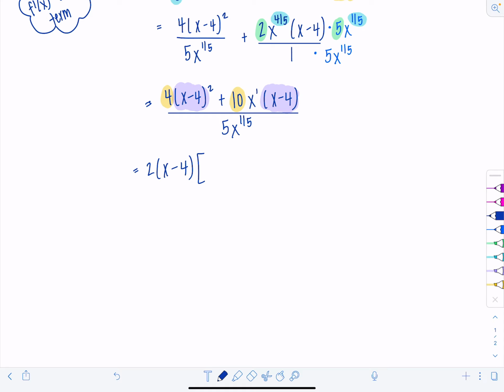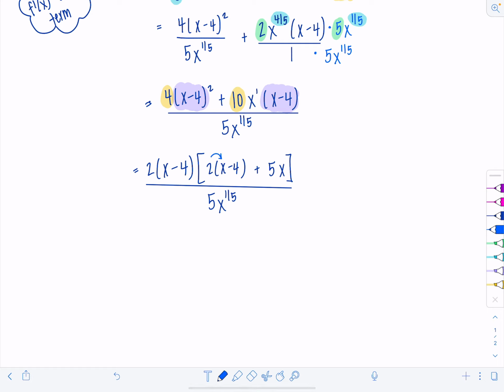Okay, so now what's left over? I took a 2 and an x minus 4 out, so I still have 2 and only one x minus 4 in the first term. Plus, let's look at that second term. I took a 2 out, so now all I have is 5x, and that x minus 4 is gone, over 5x to the 1/5. Now let's clean up inside those brackets.